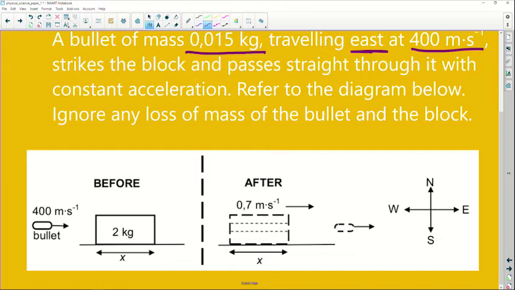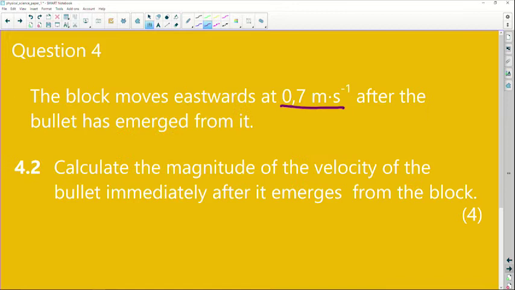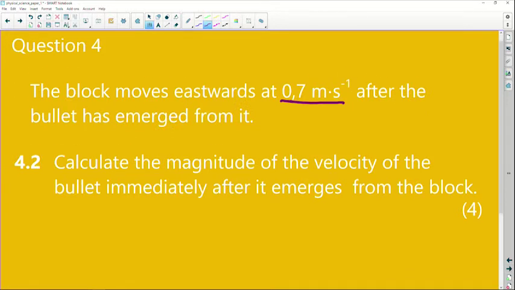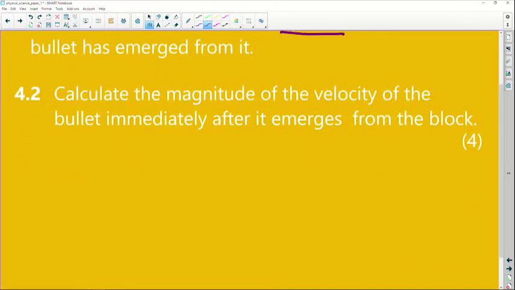So we are going to choose west as negative and east as positive. So that would be our choice of our system of reference. So west is negative and east is positive, and we will use that reference system to make sure that we have the correct signs for all of our quantities.